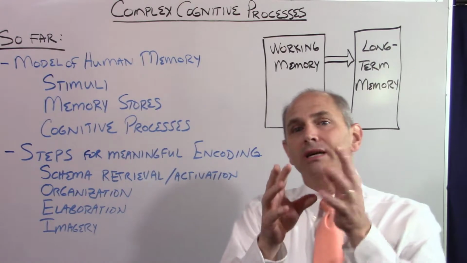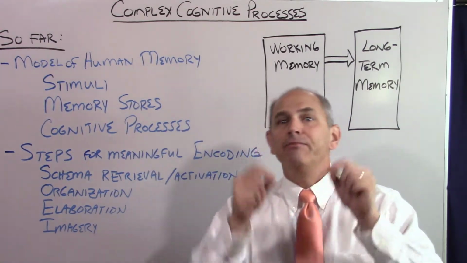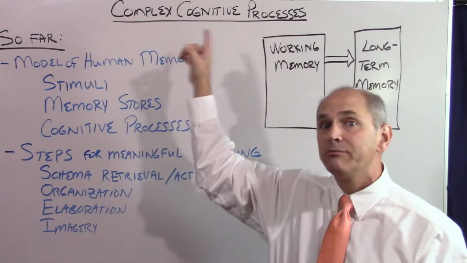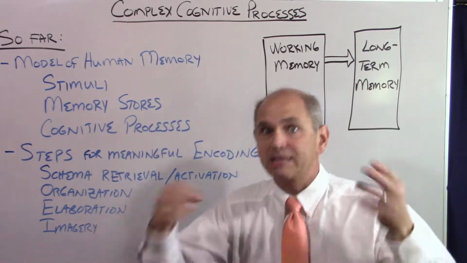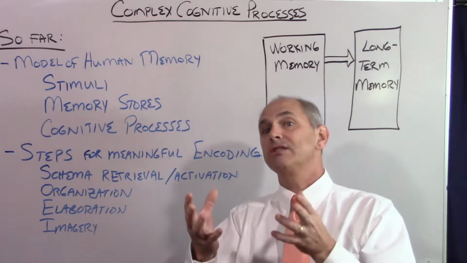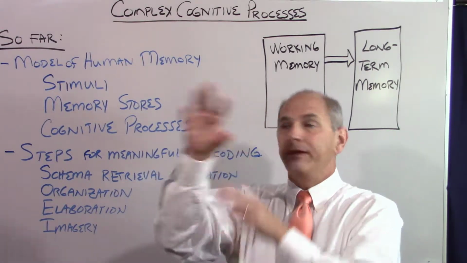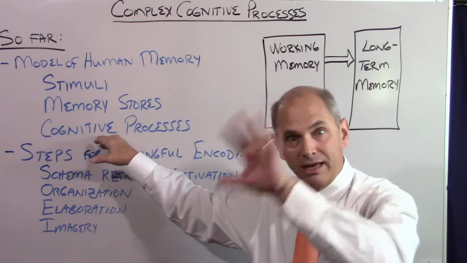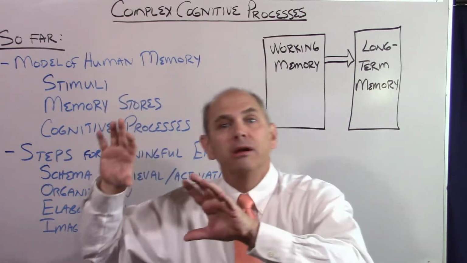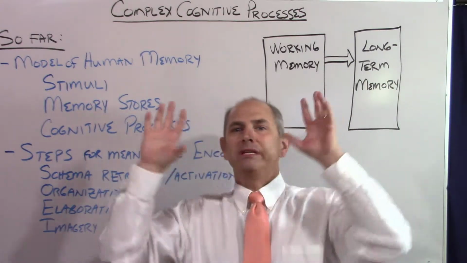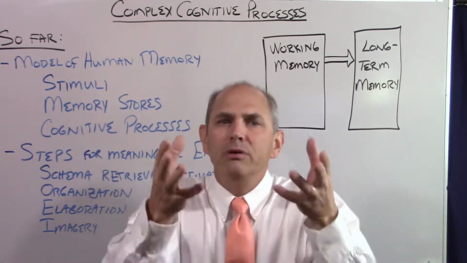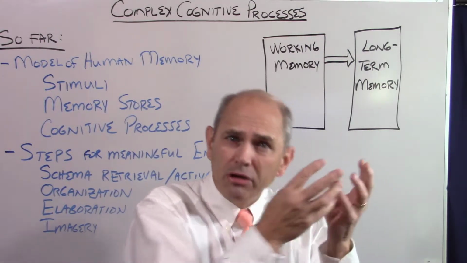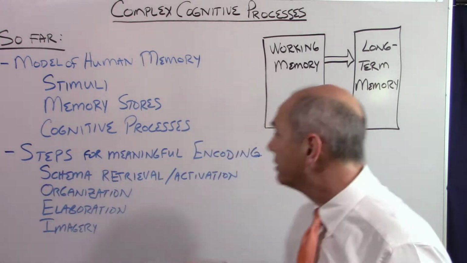I just want us to kind of refresh on that, and then we'll wipe the board clean and we'll move on to this concept of complex cognitive processes, not just the cognitive processes that we have within that human memory model, but the ones that we take from there and things that we will then do with our students to support their learning, building upon this foundation.